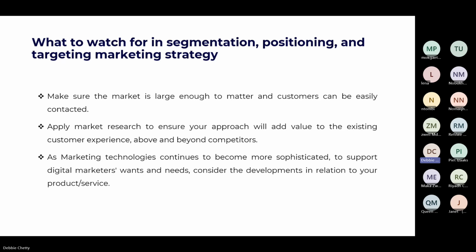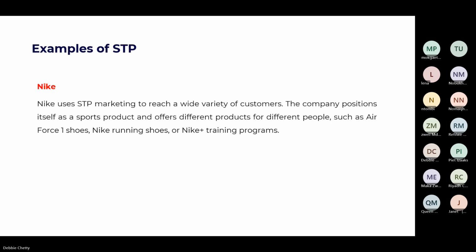And then you have your positioning, where you position your product or your service in such a way that it becomes attractive and desirable to the target audience that you want your products or service to be offered to. So for example, here we have Nike. With Nike, they use STP marketing to reach a wide variety of customers.